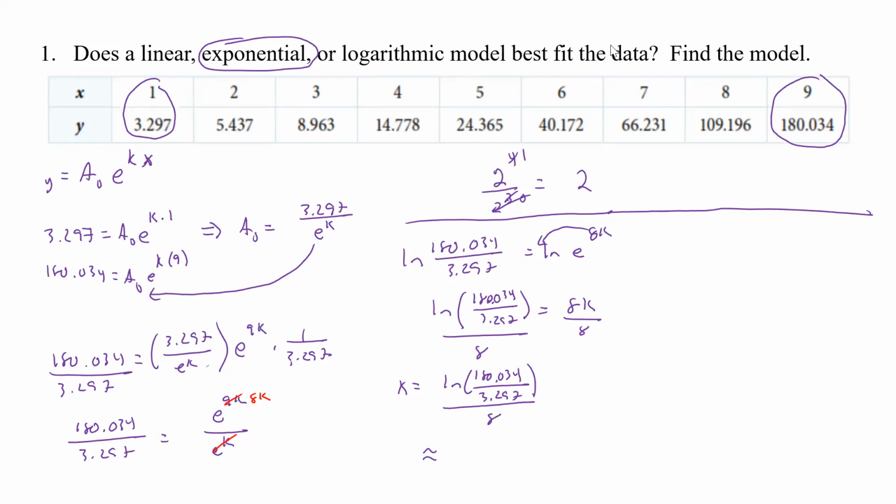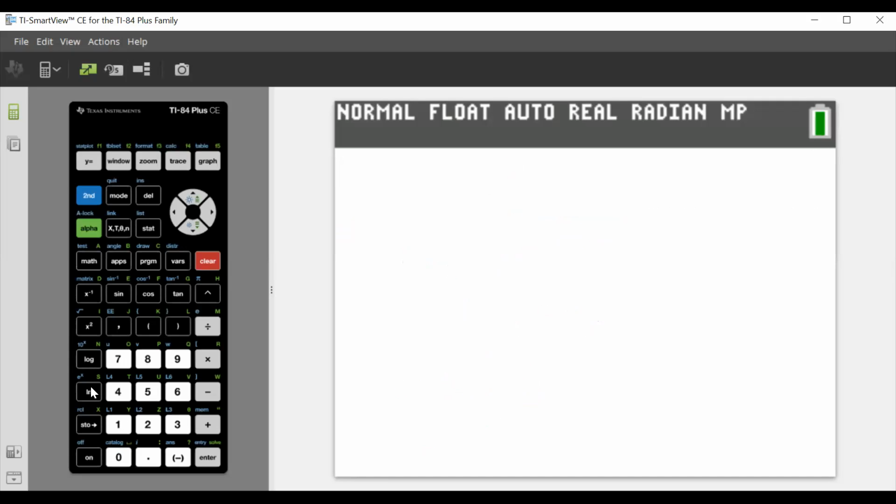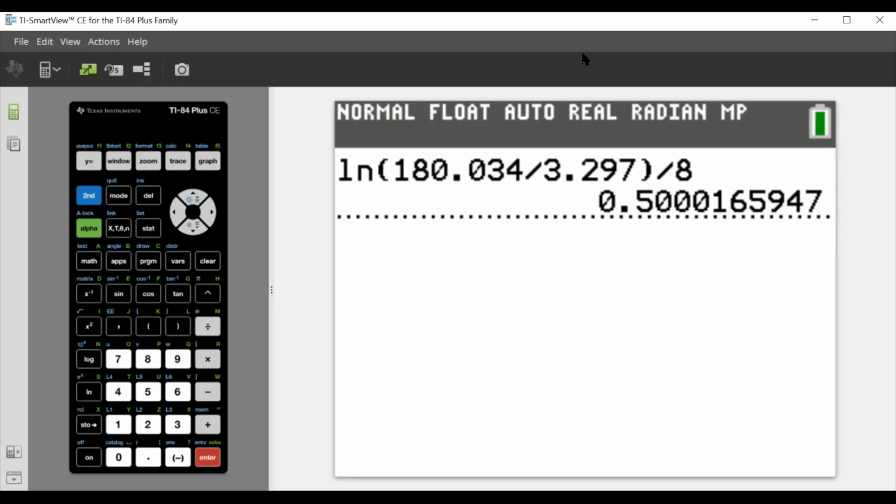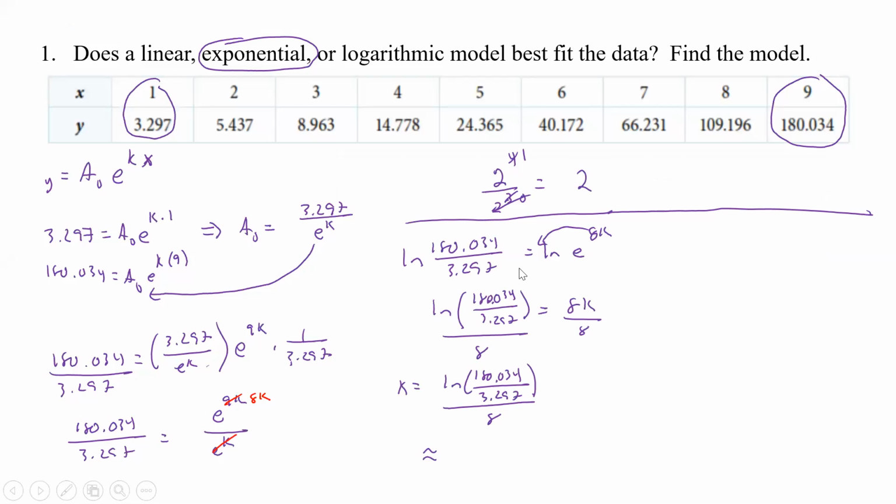I'm not sure. So we had ln of 180.034 divided by 3.297. And that whole thing was divided by 8. And so, if I'm going even out to 4 decimal places, that's just going to be 0.5. So I'm going to call that 0.5 over here, and that makes things a lot simpler. Okay, so that's just 0.5 instead of that whole mess here.